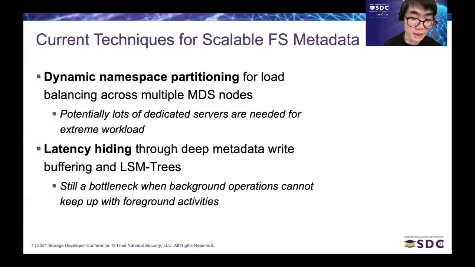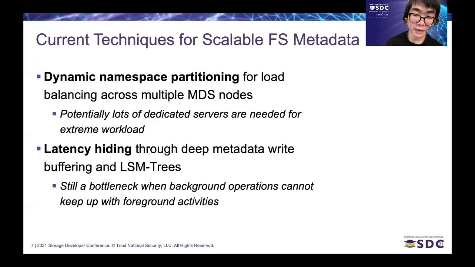So to improve metadata performance, two techniques exist. The first is dynamic namespace partitioning, which allows us to run multiple metadata servers, with each server responsible for one partition of the global file system namespace. The problem here is that potentially lots of dedicated servers are needed if we want ultra high metadata throughput. Another technique is latency hiding, which can be achieved through deep metadata write buffering and LSM trees.